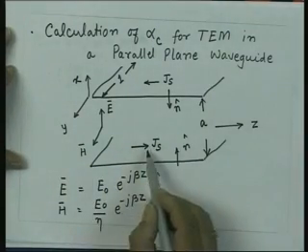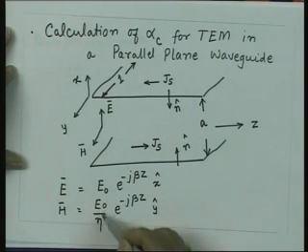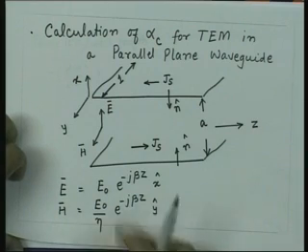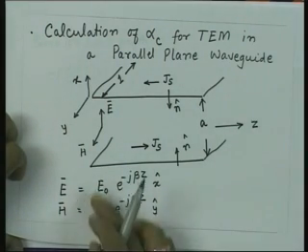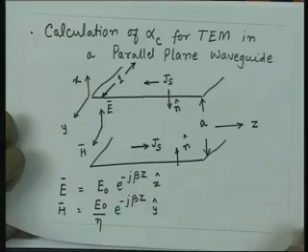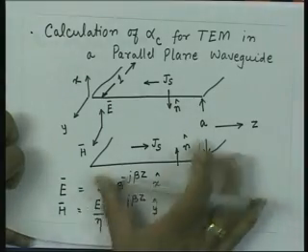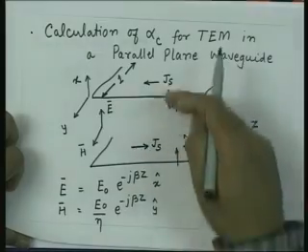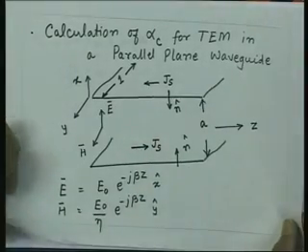and Js will be same as the magnetic field. So, its peak amplitude will be E0 upon eta, and it will be having a sinusoidal variation in time. So, per unit length, if I take an RMS value and integrate over this, that will give me the total loss in this wall. And since there are two walls, the total loss will be double of what we calculate from each wall.